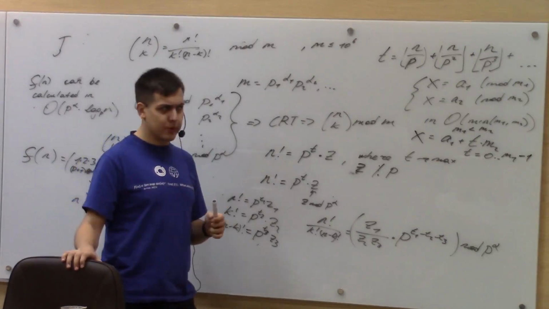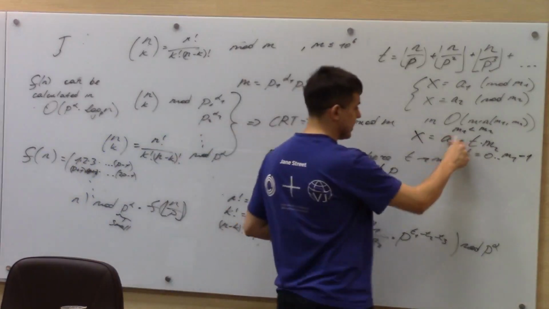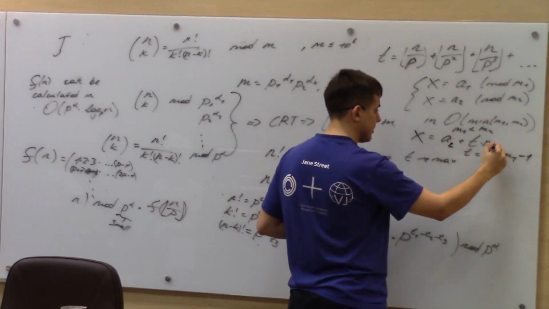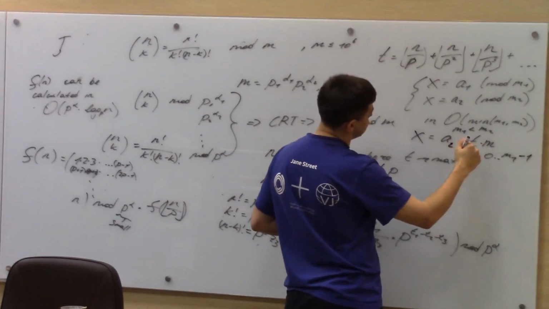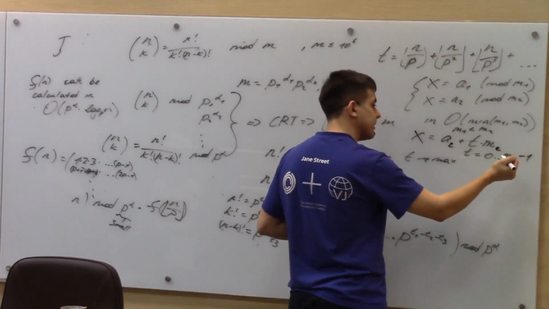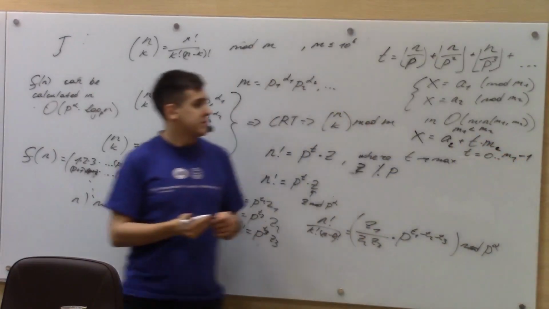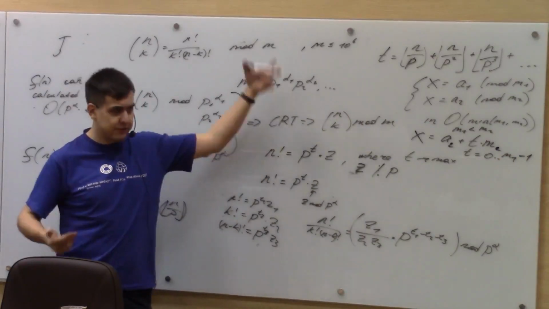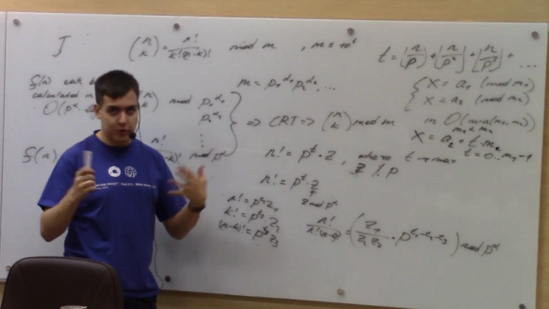Yeah, it should be the other way around, right? So we use A2 plus t times M2, and then we try all possible t's. Yeah, this should be right. And then we check if the first equation, if the smaller equation is true.